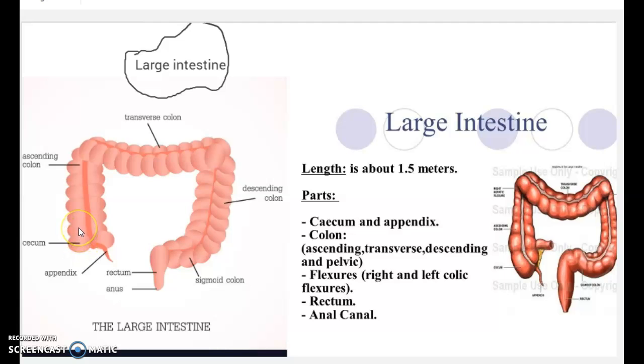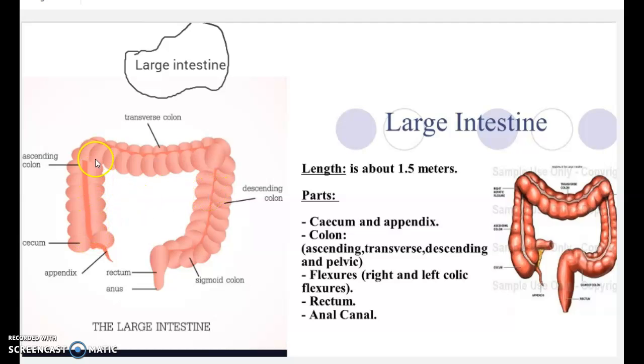The cecum further extends upward, and the next part is collectively known as the colon. The colon has been divided into 4 segments, and the total length of the overall colon is about 1.5 to 1.8 meter.